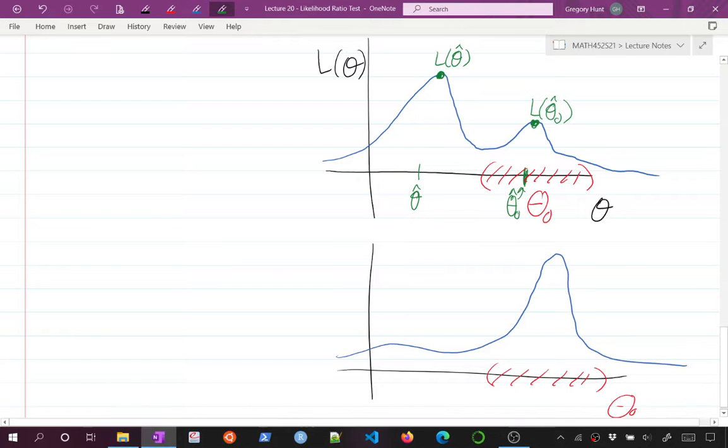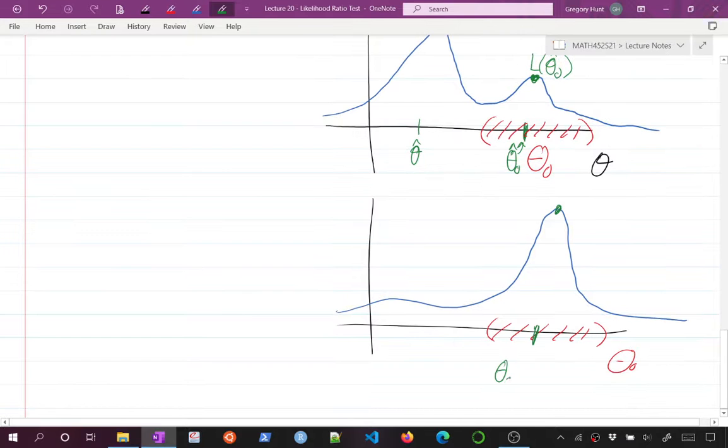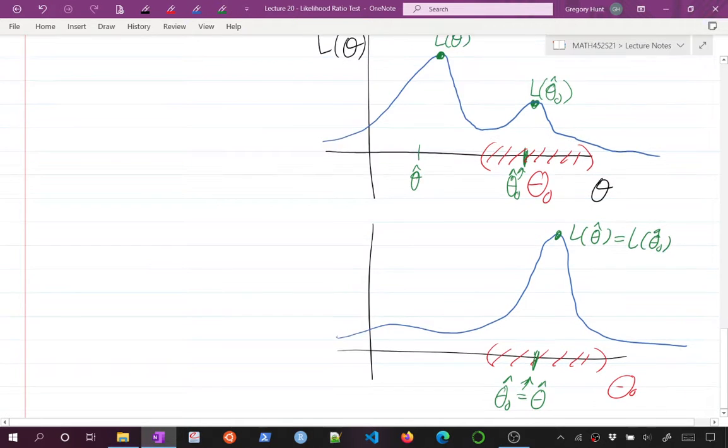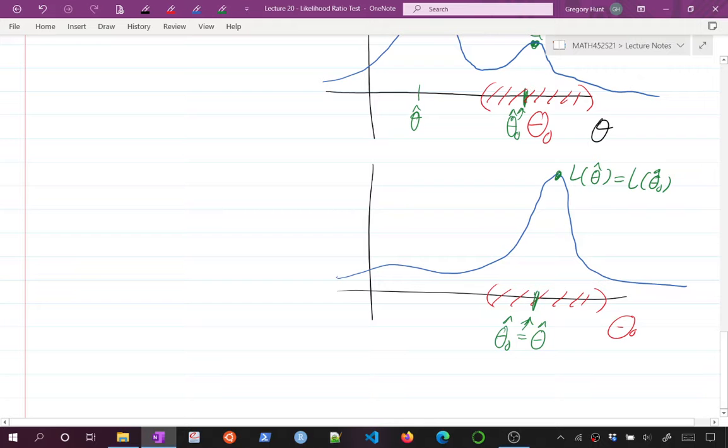In which case both my restricted MLE theta naught hat and my overall MLE are the same, and so their values are the same. If my overall peak ends up on my null hypothesis, these two things will be the same, and L of theta hat is L of theta naught hat.